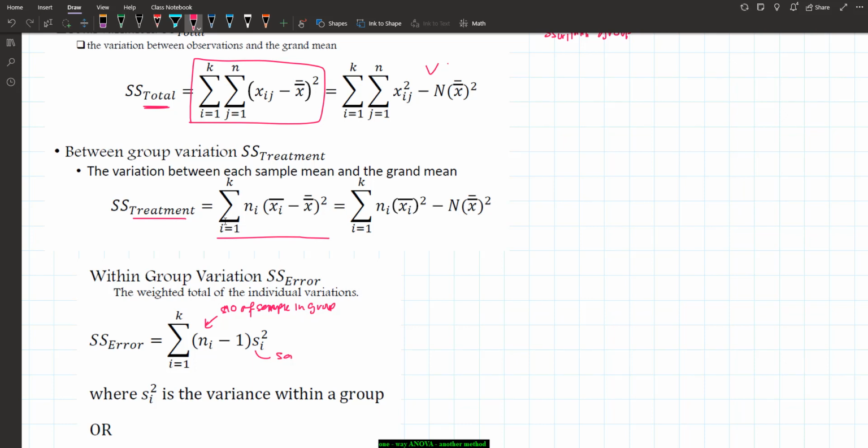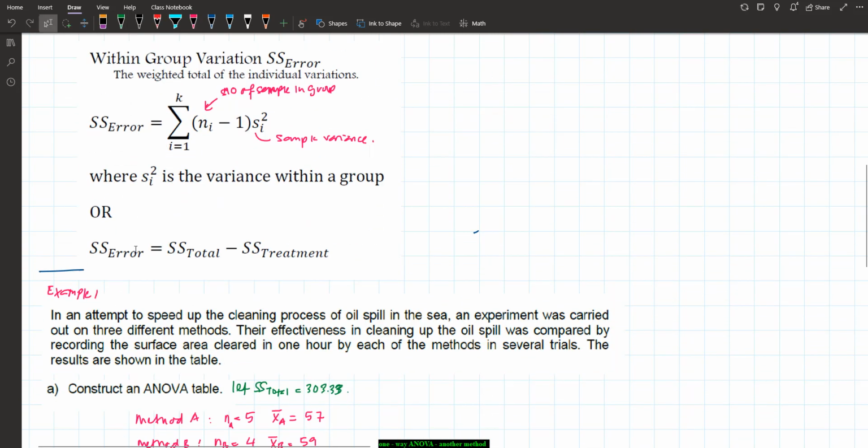This is a sample variance, right? If you want to get the sum of square error, it is sum of square total minus sum of square treatment.